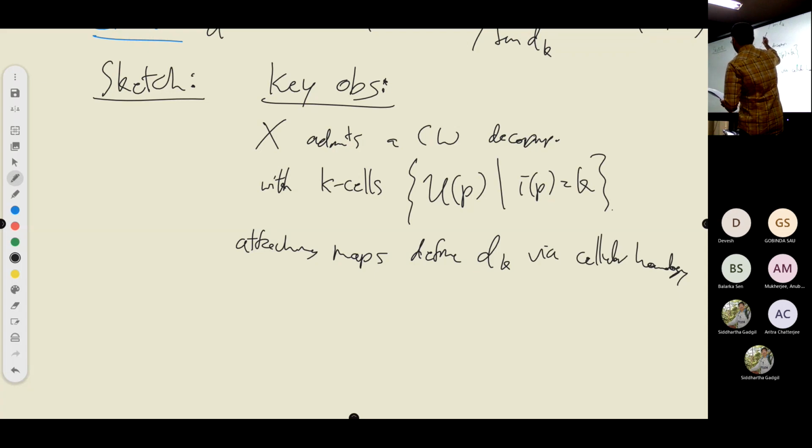And you can directly check that the definition that I gave agrees with what you get from cellular homology. And since cellular homology computes singular homology, you have just shown both that d squared is equal to 0 and that the homology of your chain complex is the singular homology of your CW complex.